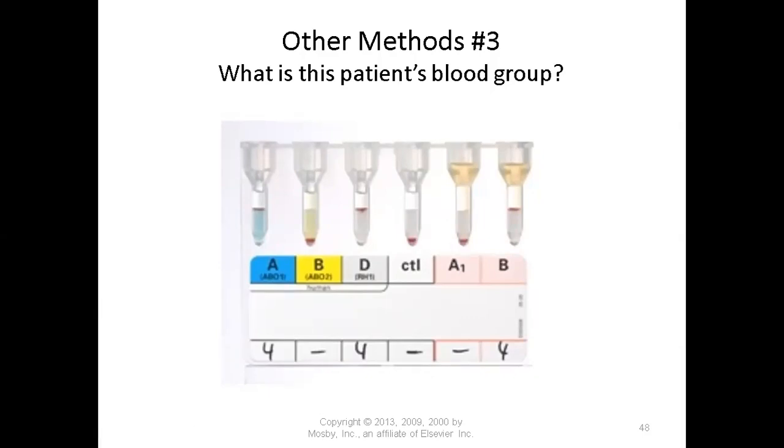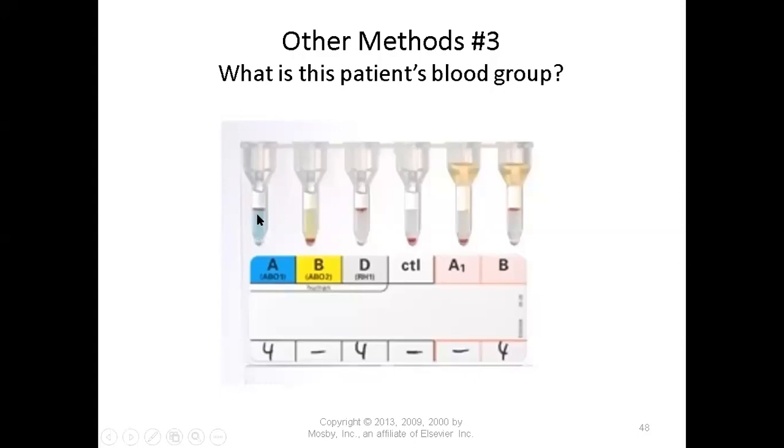We all have naturally occurring ABO antibodies to the antigens that are not present on our own red cells, okay? So let's take a look. So we look at this first tube, anti-A with the patient's red cells, and we see that they're completely on top here. This would be a 4+ reaction, okay?